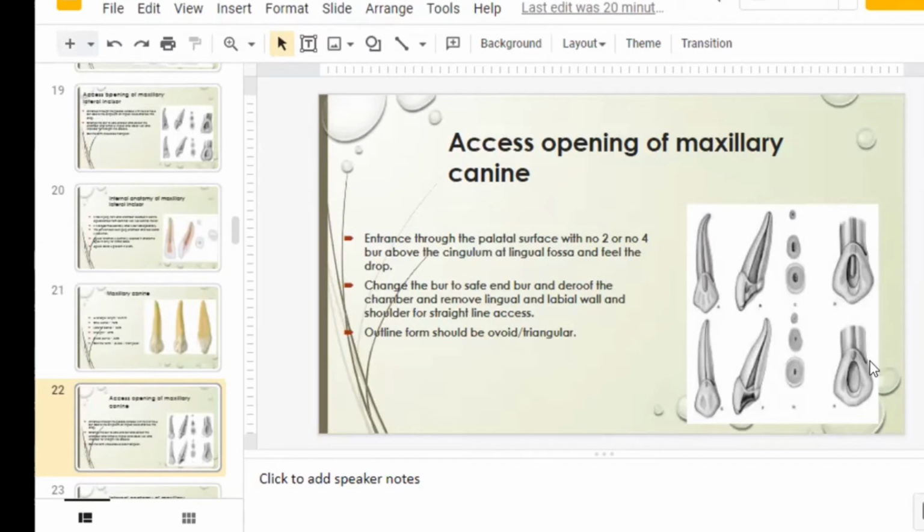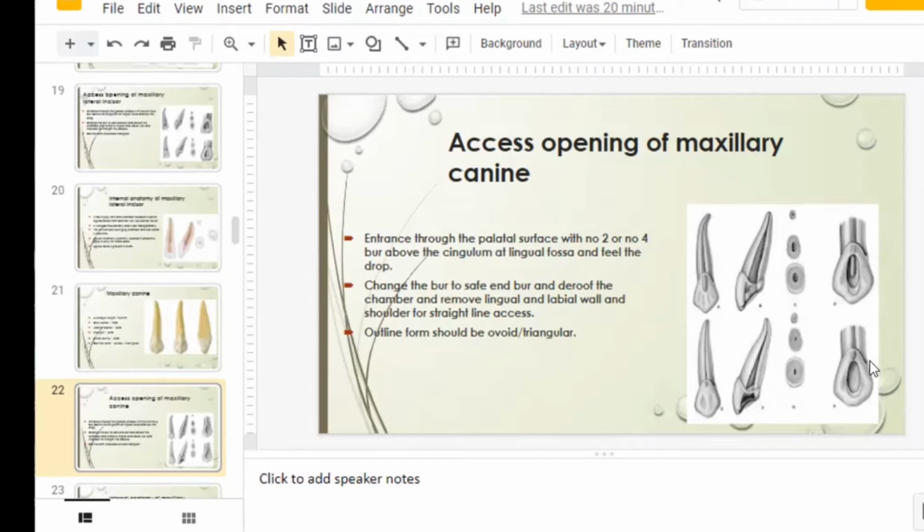How do we start access opening of the maxillary canine? Outline form is ovoid or triangular shape. Then how do you start? You will take the first round bur. Yes, ma'am. First round bur, and after that we will feel the drop. Yes, after the round bur the drop is important.